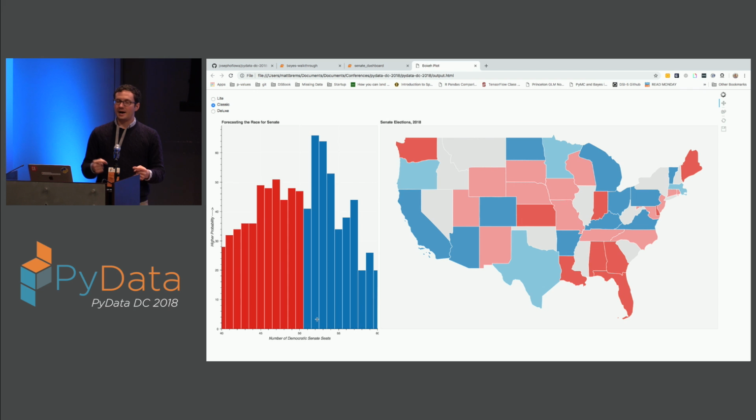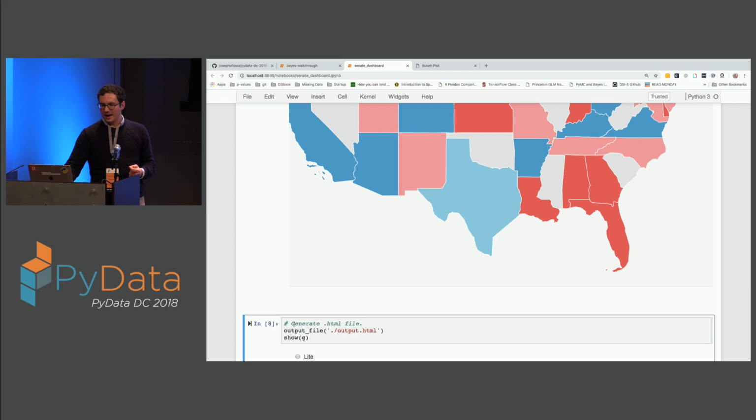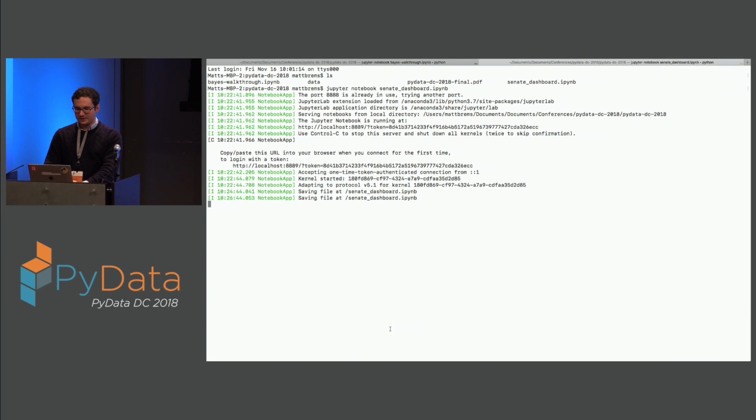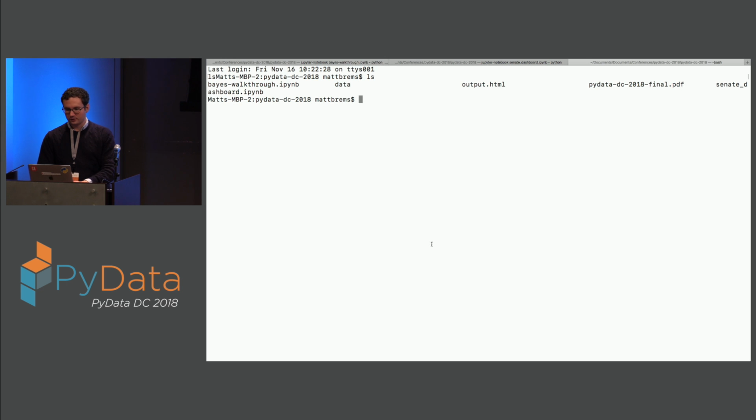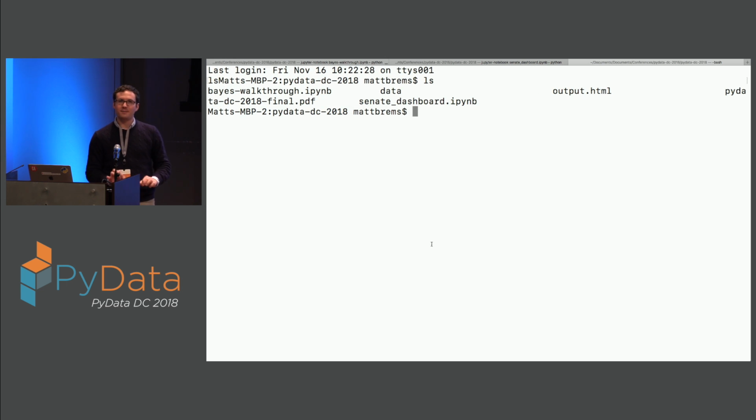Additionally, I'm going to click back to the Jupyter notebook for a moment. As you generate this output file, if you look back in your folder, there is now a folder called output HTML there.